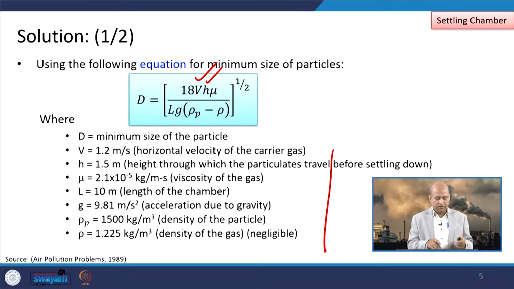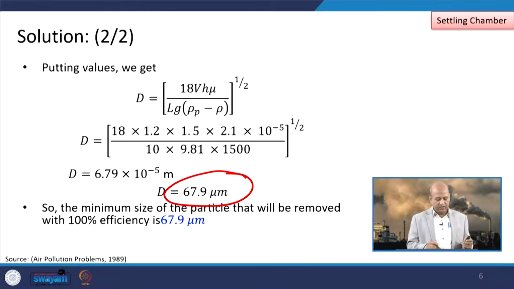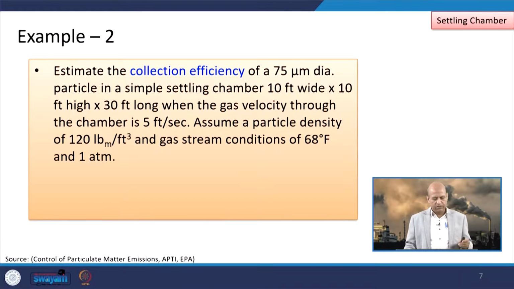These values are governing, like rho p or the viscosity or the length and height of the chamber. Within this particular condition, this is the diameter of the particle which will be removed completely. Beyond that, some percentage will be removed, not 100%, but up to this size, this is the minimum size of the particle which can be removed fully. Otherwise, larger particles will also be removed, but smaller particles will be difficult to remove.